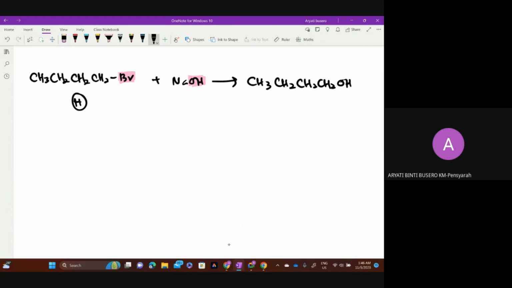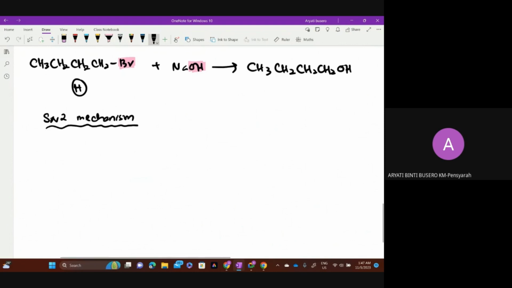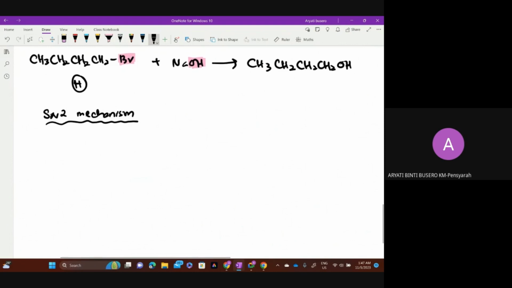Kalau SN2 mechanism, dia mesti dibentuk dalam lukisan mesti dalam bentuk 3 dimensi. Okay, so lukisan bentuk 3 dimensi represent in the form of wedges. So kat sini carbon bonded to bromine. Depan sikit lah.